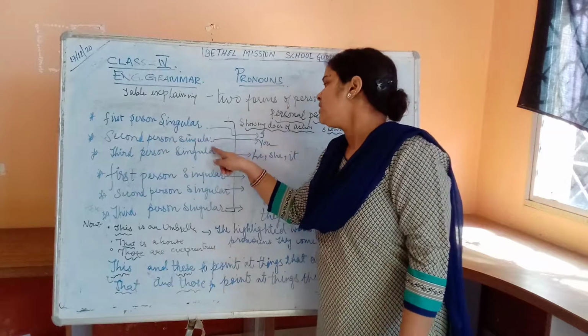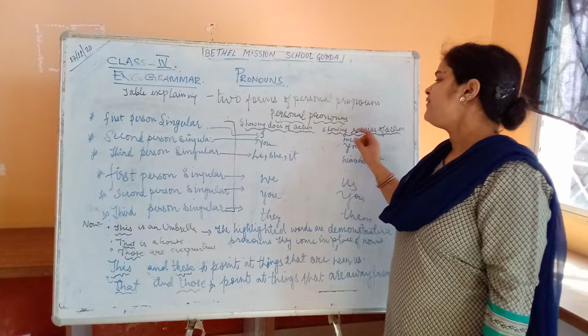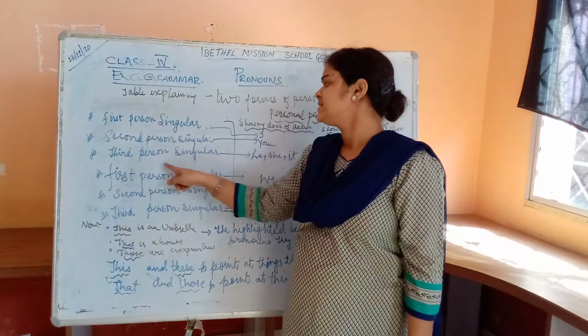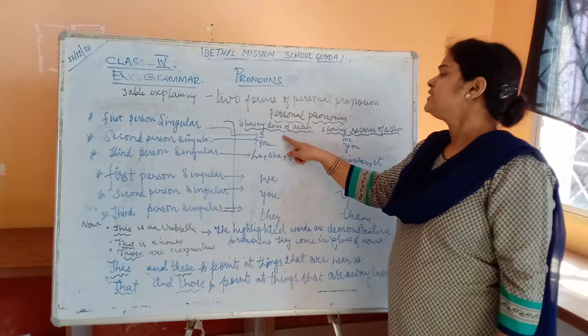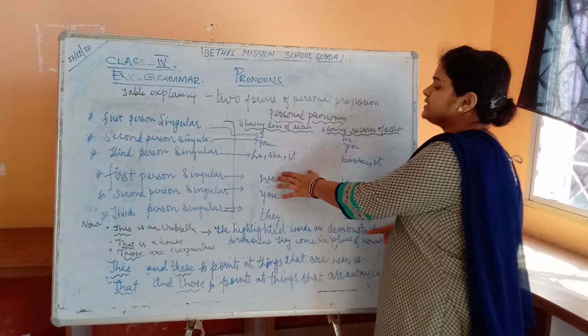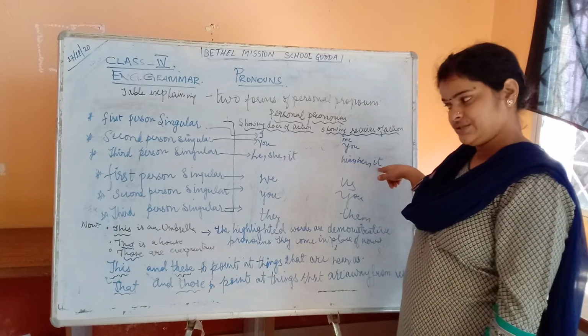The second person singular uses you as the doer of action, and the same word, you, for the receiver of action. For the third person singular, the doer of action uses he, she, it, but the receiver of action will be him, her, it.